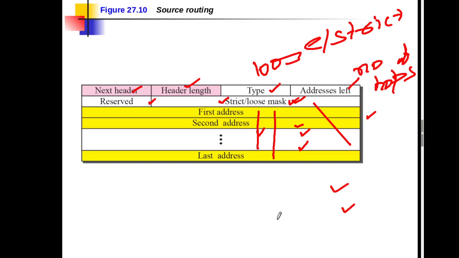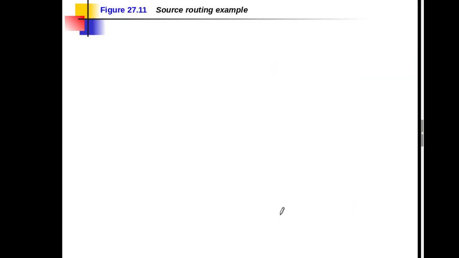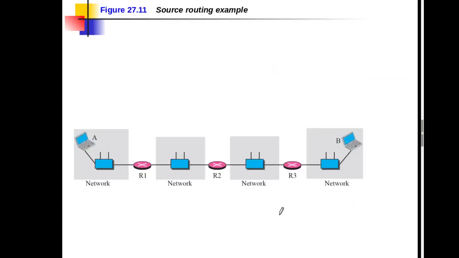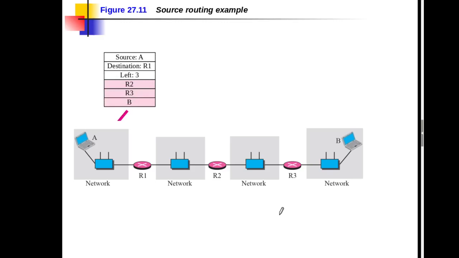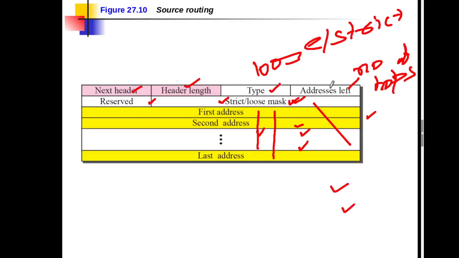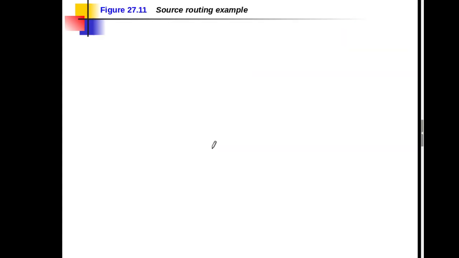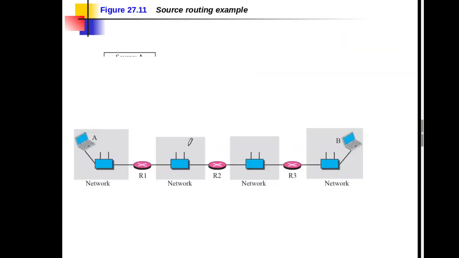So now it is the source routing example. Suppose this was the format, with source and destination given, and in the last field the number of hops left is 3.